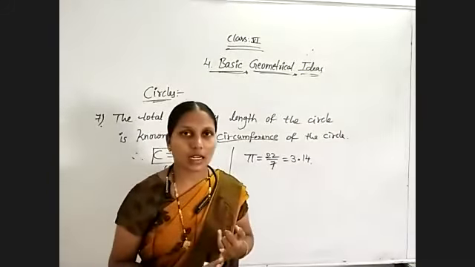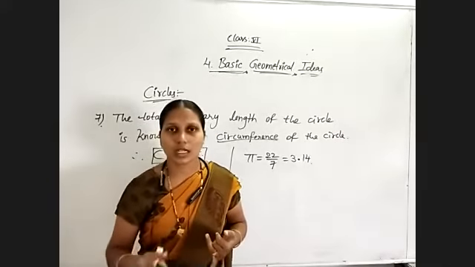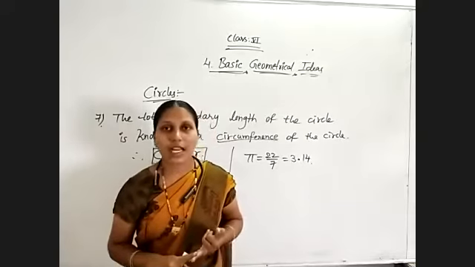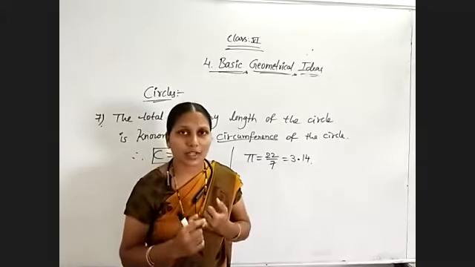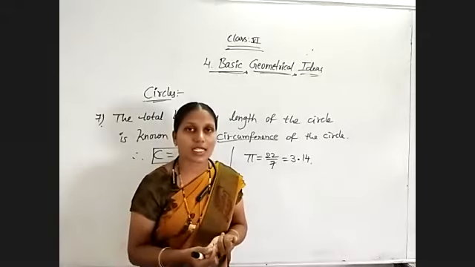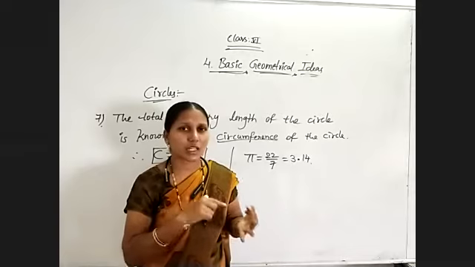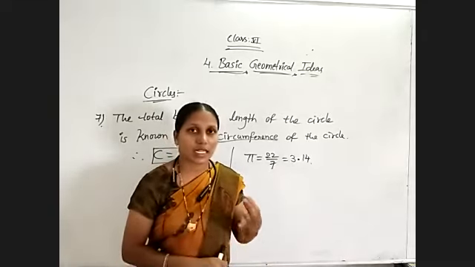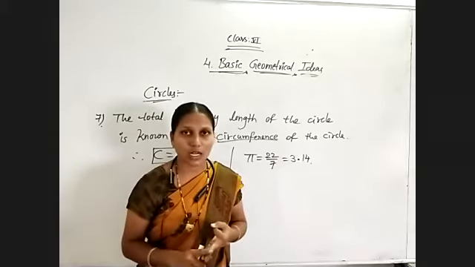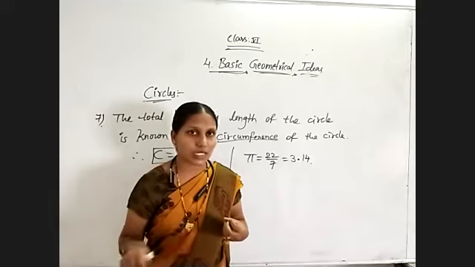What is a circle? A circle is a closed figure made up of a curved line. Secondly, we have discussed the center of the circle. The fixed point of the circle is known as its center. Third, radius. The distance from the center to any point of the circle is known as the radius, and it is always equal for any point on the circle to the center.